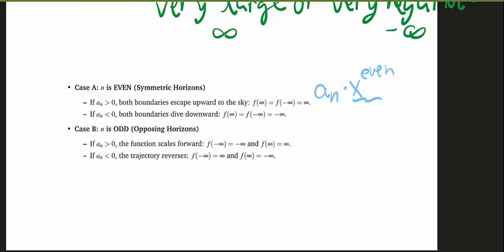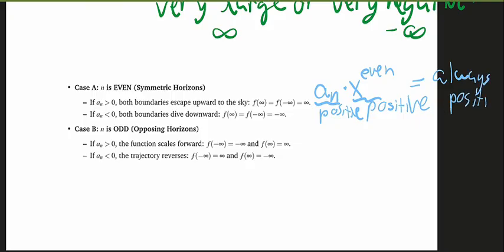This is always going to be positive, and we have already agreed that a sub n is positive. Positive times positive is always going to be positive. So always positive. Good. That's the point of an even power. It's oblivious to the minus sign. That's why when I plug in a gazillion or negative a gazillion, the function will spit out a positive gazillion.